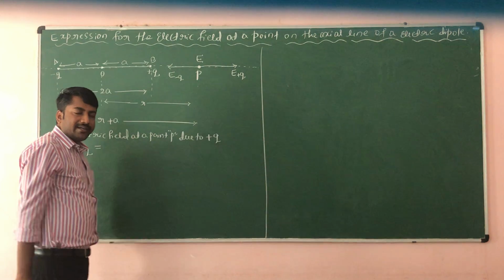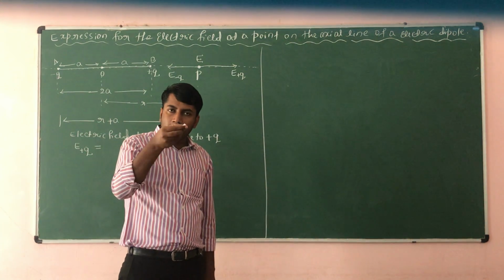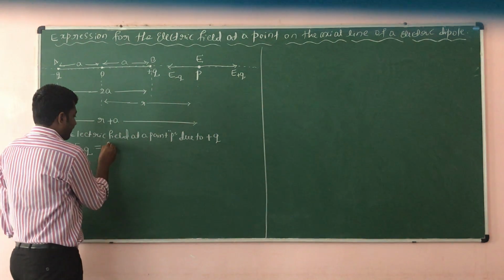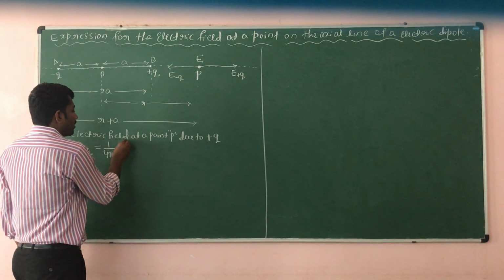You know the formula. Electric field due to the point charge is 1 by 4 pi epsilon naught Q divided by R square. That is, 1 divided by 4 pi epsilon naught Q divided by R square.